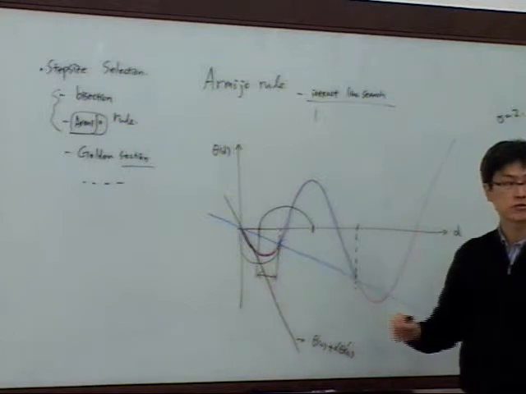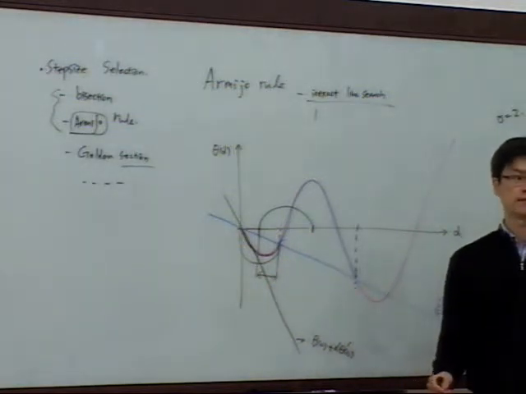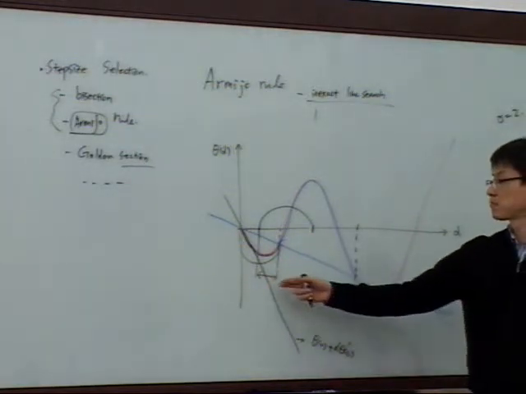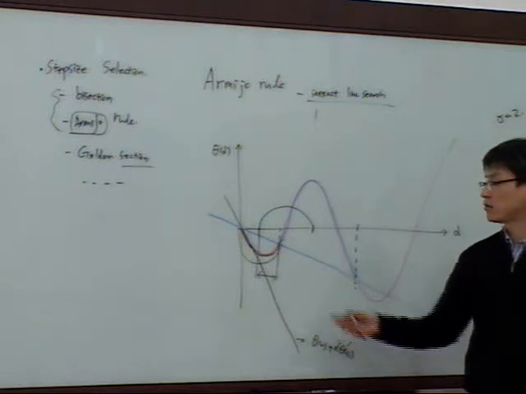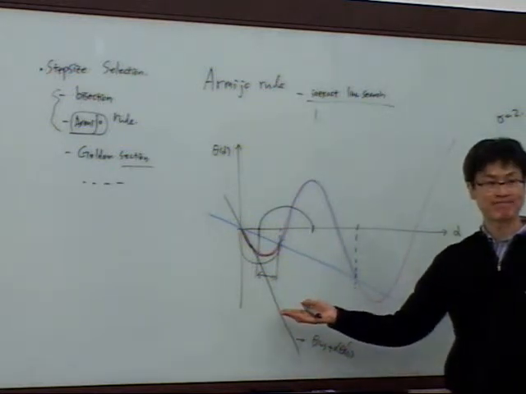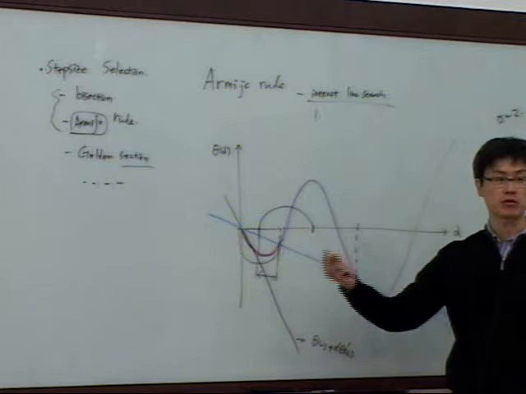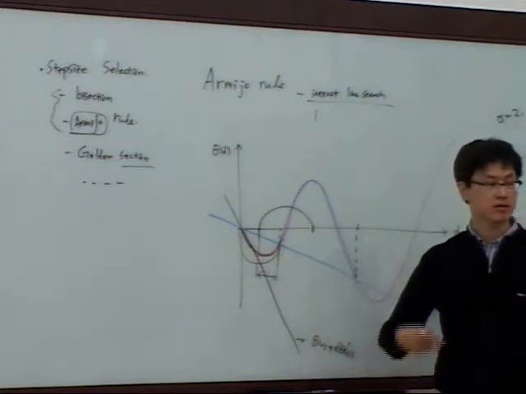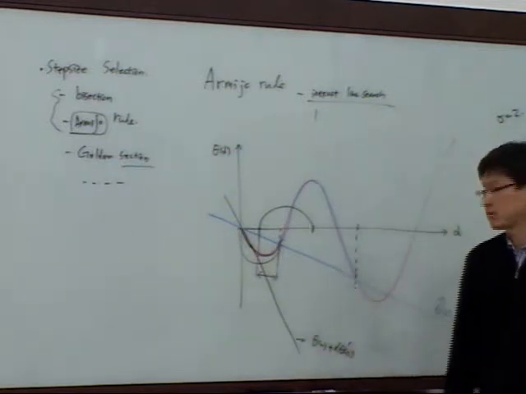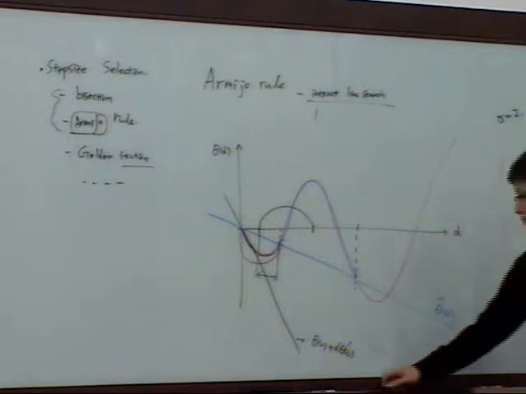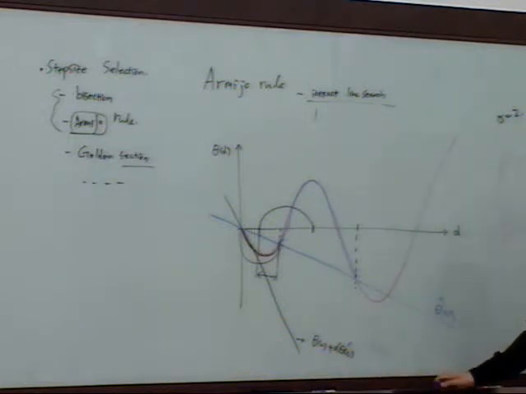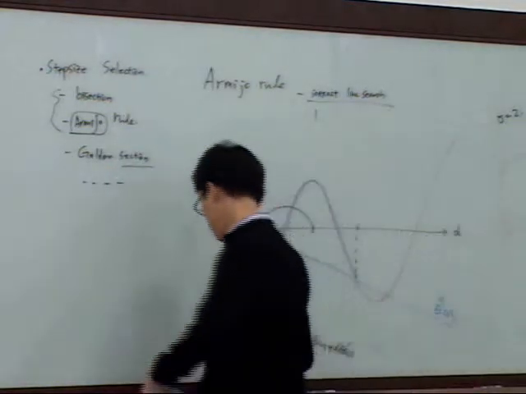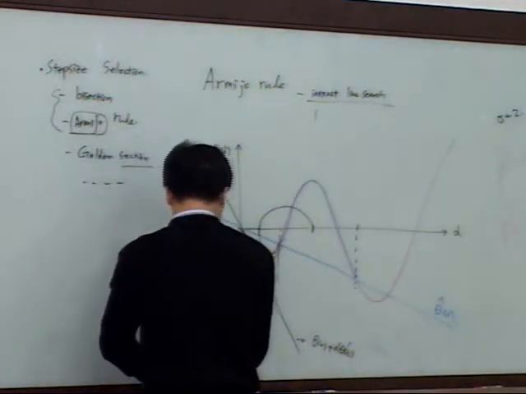And among this region, you can just select anything. And usually it works because we assume continuous, differentiable, and any other nice assumptions. That's the Armijo rule. And let's write the algorithm.